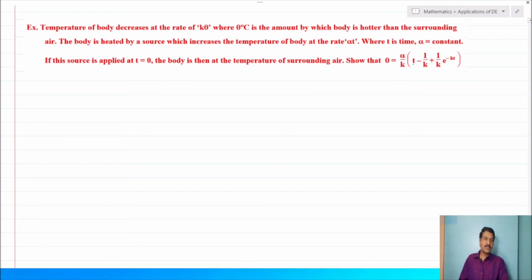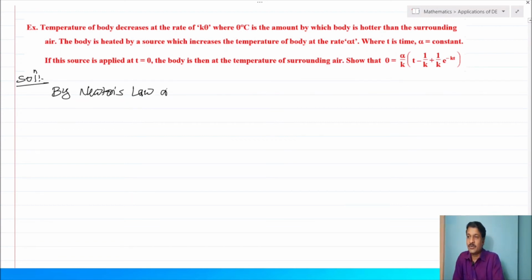Definitely we have to use Newton's law of cooling here. But here the temperature of the body decreases at this rate, and at the same time, by the source, the temperature of the body increases by this rate. So by Newton's law of cooling, what is the solution here?